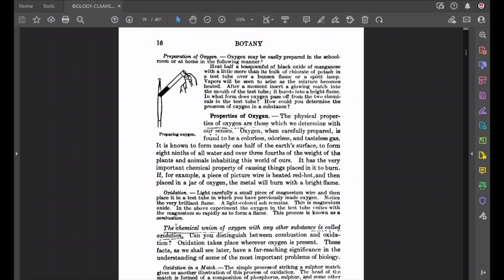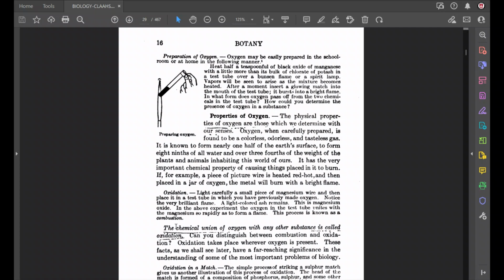This is just an introductory set of experiments to give us an understanding of matter so that we can study biology. The next section is titled Properties of Oxygen. So what are some properties of oxygen?